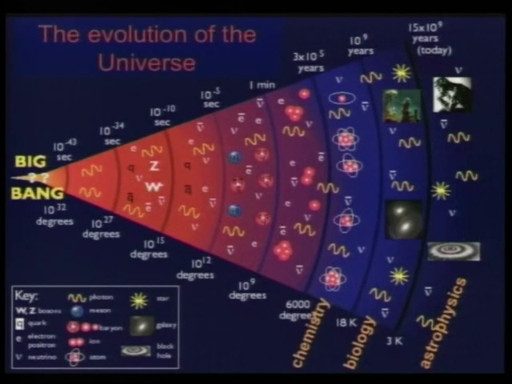If you want to understand in the chemistry region the formation of the atoms, you have to go back around 300,000 years from the Big Bang, where the temperature of the universe was 6,000 degrees.